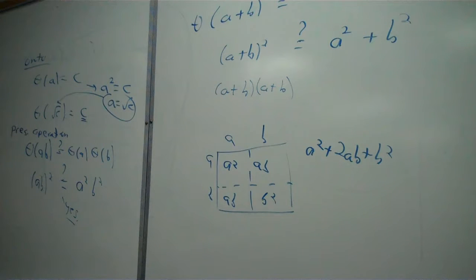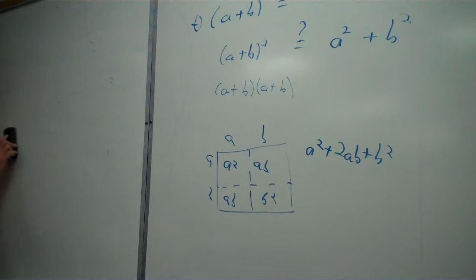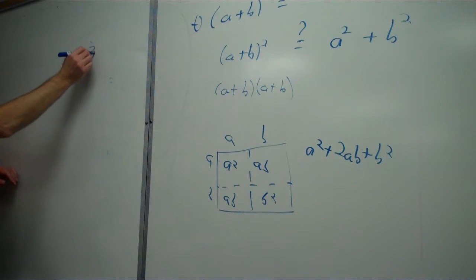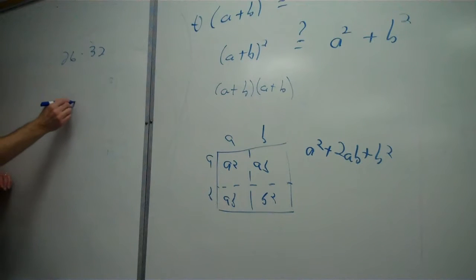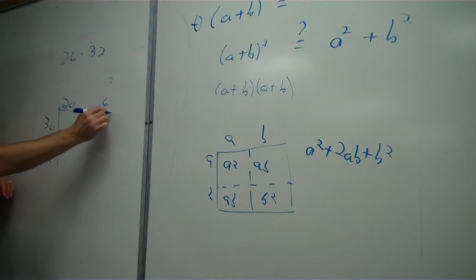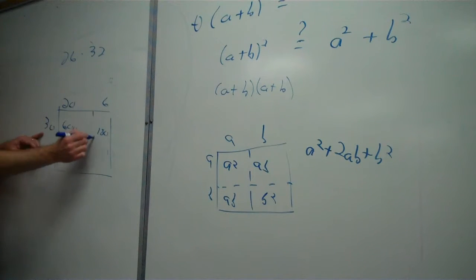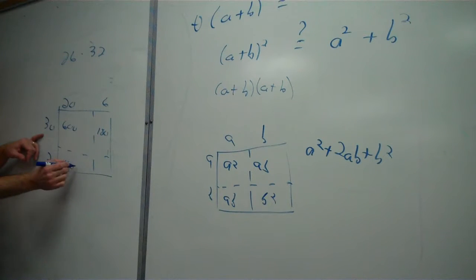And in a sense, that's also the idea we use when we multiply two-digit numbers. We don't use that as our algorithm for multiplying two-digit numbers, but say 26 times 32: 20 and 6, 30 and 2. 600, 180, 140 and 12.